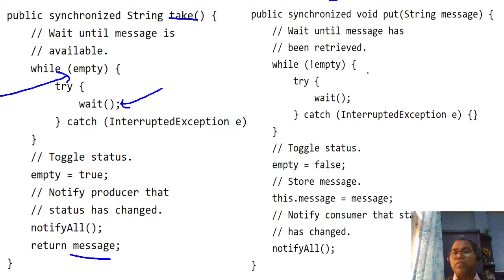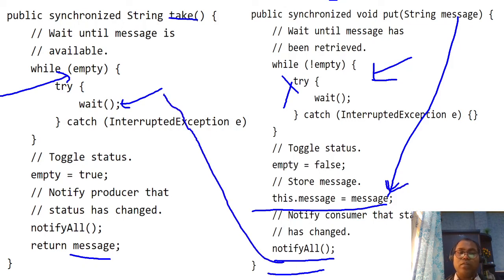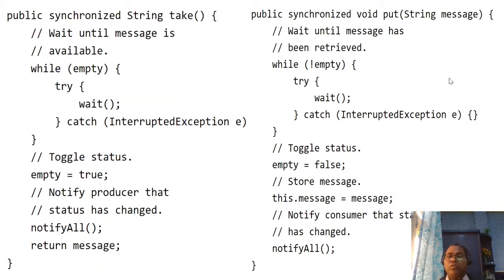Here the producer says if it's not empty, if the message is not consumed, then I am waiting. If the message is consumed, then I write the new message and notify. The notification is received by this thread, and then it goes and consumes the message. In this way, the wait and notification happen.